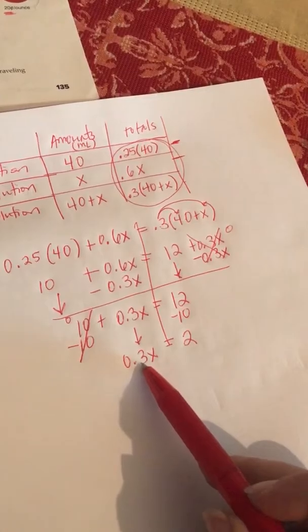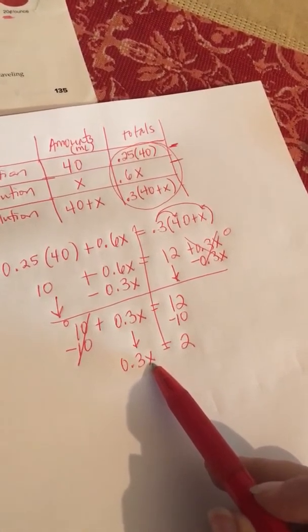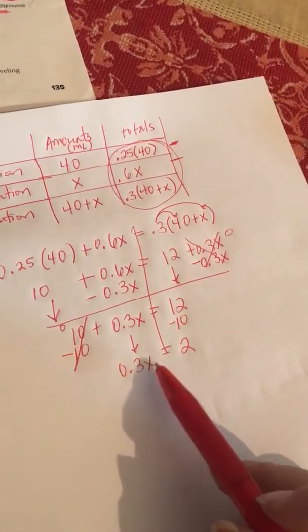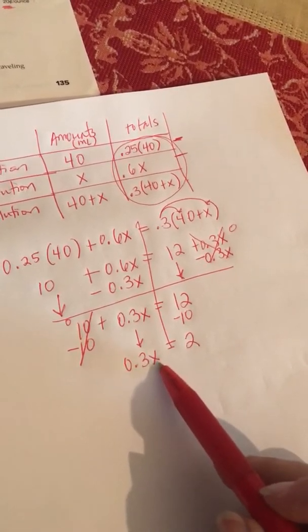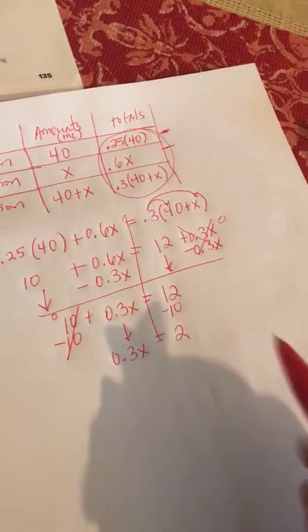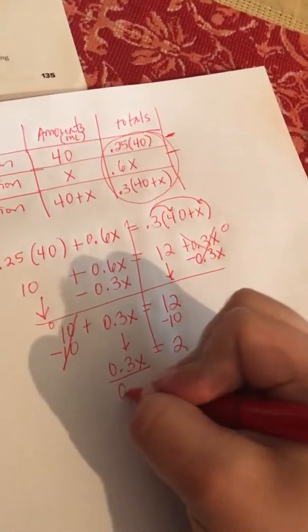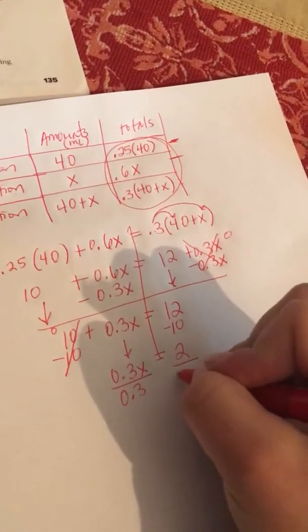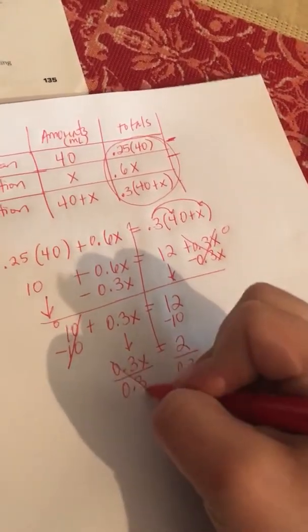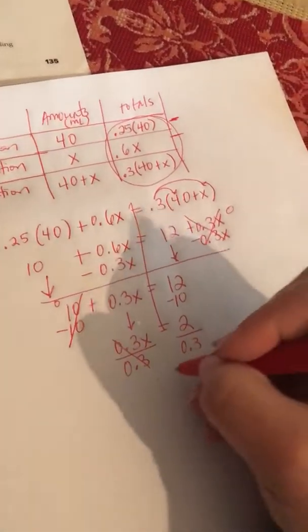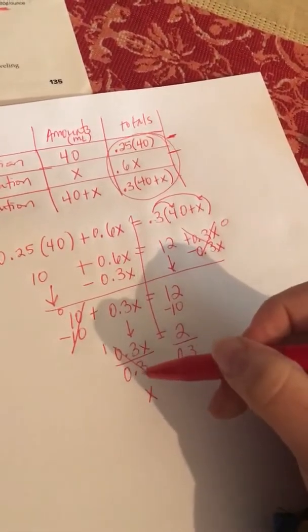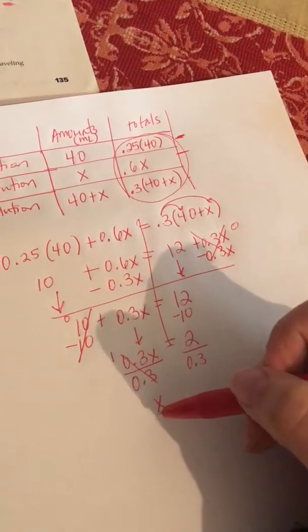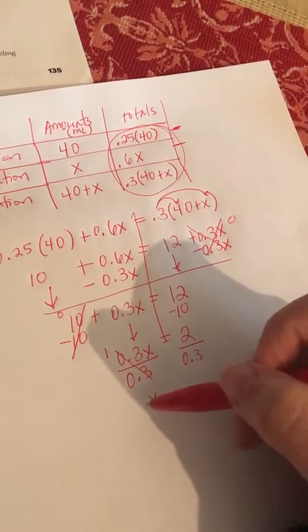So this is 0.3 multiplied by x. And so I need to do the opposite of the multiplication to get rid of the 0.3. My goal is to get the x alone. Since this is multiplication, I'm going to divide, because I always do the opposite of the operation. All right, I'm left with x. This is technically a 1x because 0.3 divided by 0.3 equals 1. But 1x is the same as just x.